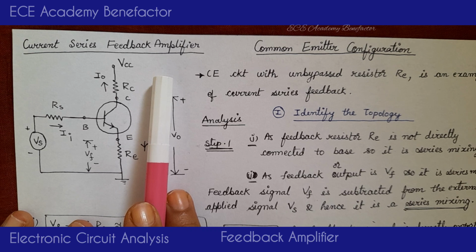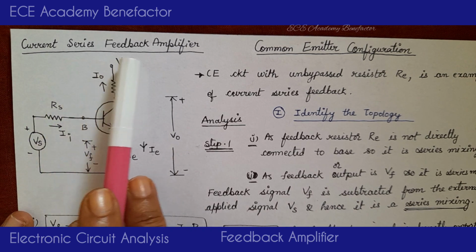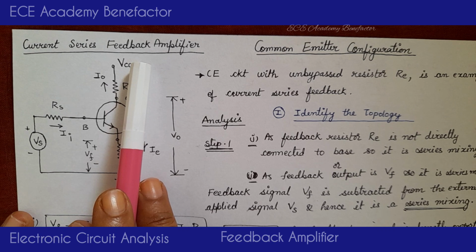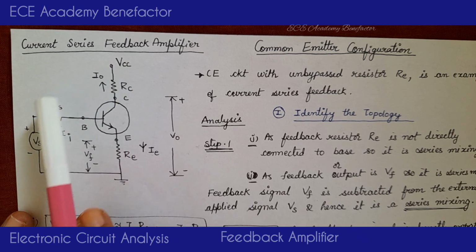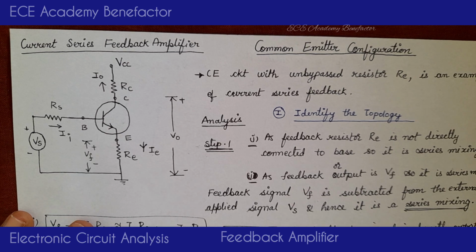In the previous class we have seen voltage series feedback amplifier analysis. So what do you mean by analysis? While understanding the circuit, we are finding out what is the gain with feedback, input resistance with feedback, and output resistance with feedback.